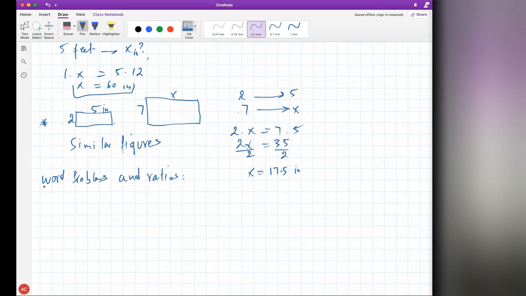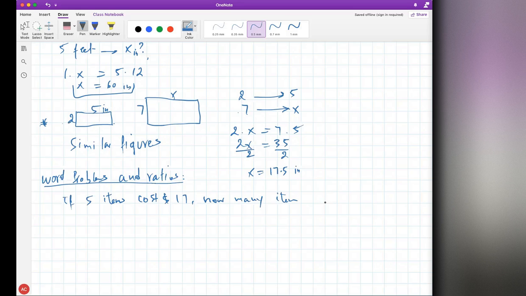So I could say something like, if let's say 5 items cost, let's say $17, how many items can you buy with, let's say, instead of 17, maybe let's say 9.